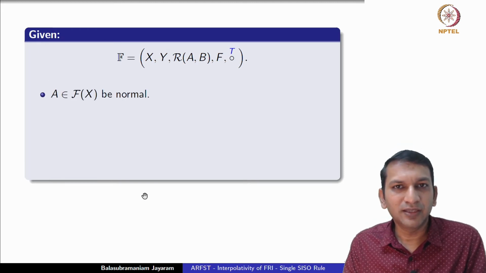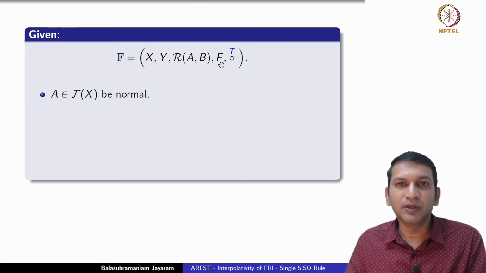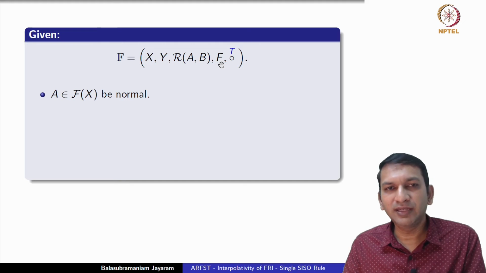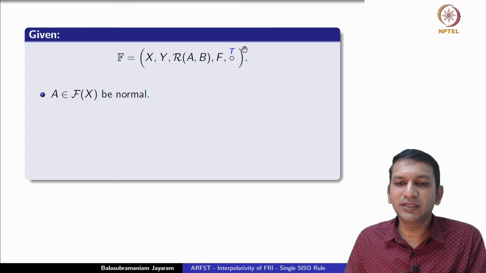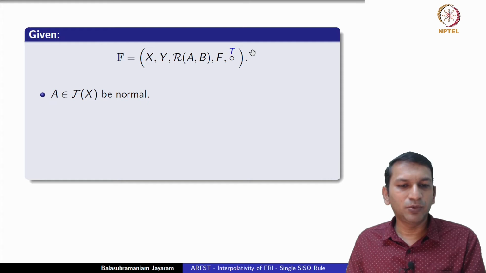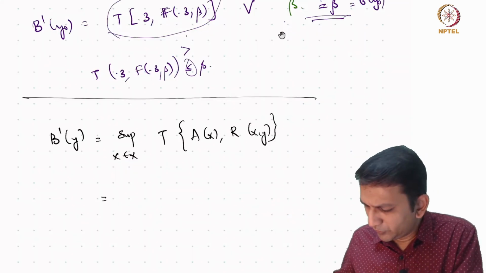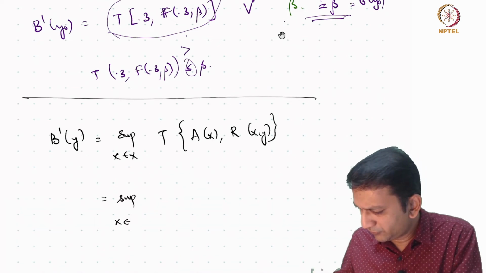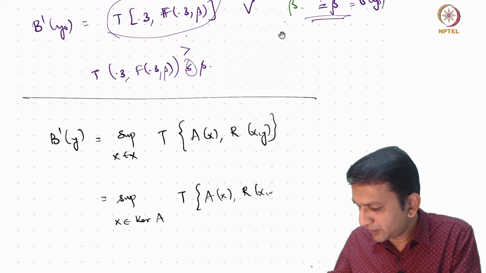So we are considering the CRI composition with a single rule A to B. F is the operation used to relate the antecedent A to the consequent B to obtain the relation R, and we are considering the CRI inference, which means it's T composition. Let's for the moment assume A is also normal. So that means we could write it like this: supremum over x element of kernel of A of T of A of x comma R of x comma y.